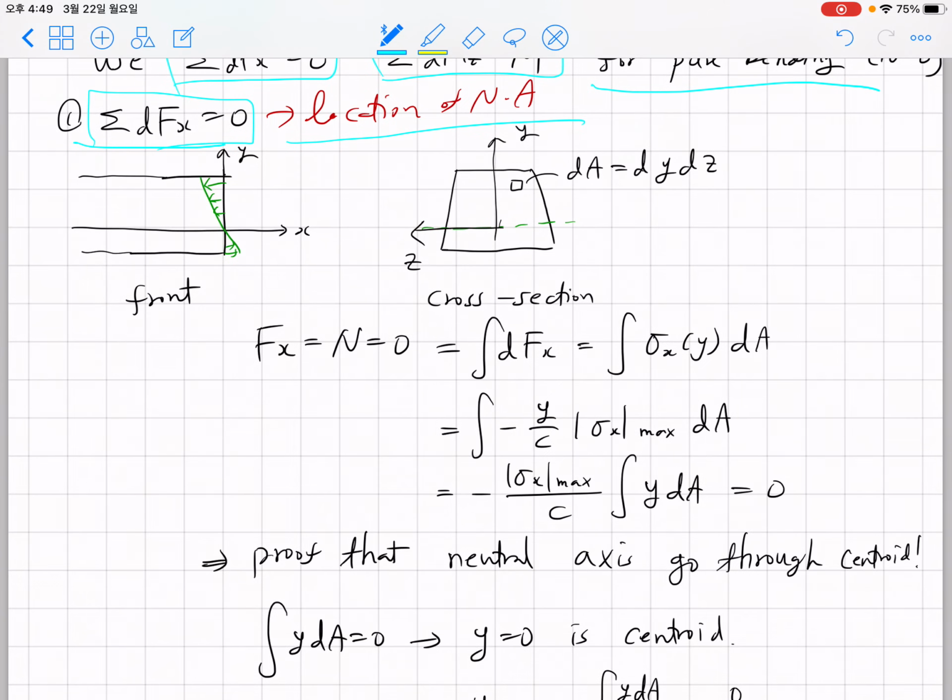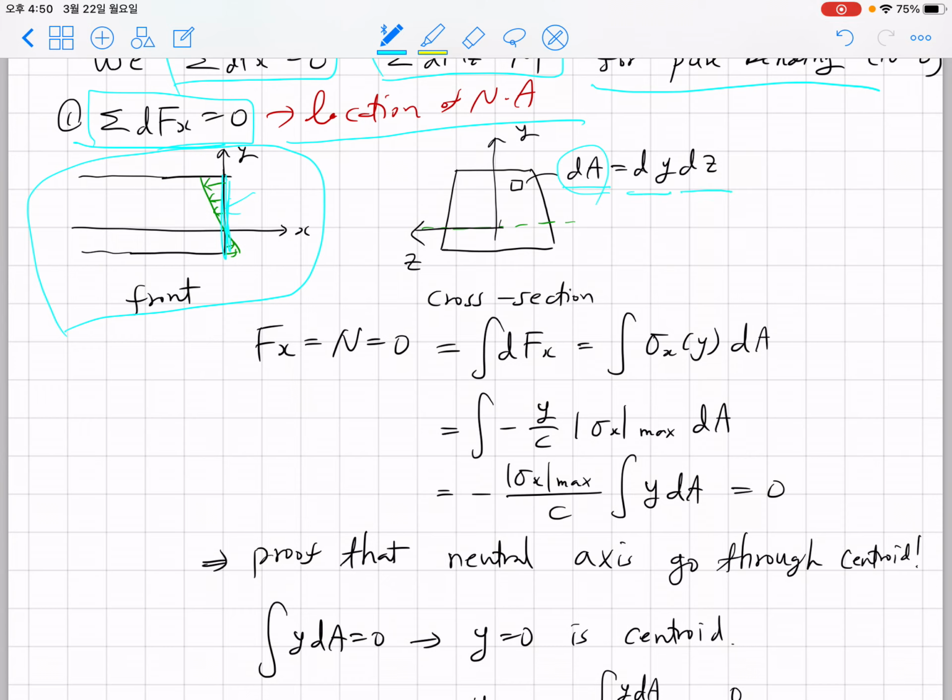Okay, so this is the front view of the beam under pure bending, and this is the visualization of normal stress. And if we take a look at the side view, let's take an infinitesimal area dA, and this infinitesimal area dA can be written as dy dz.